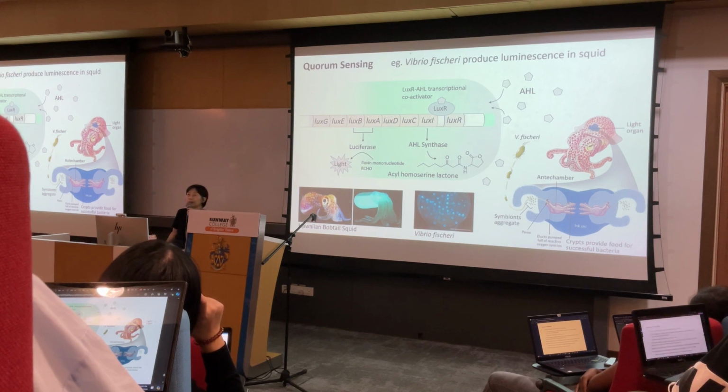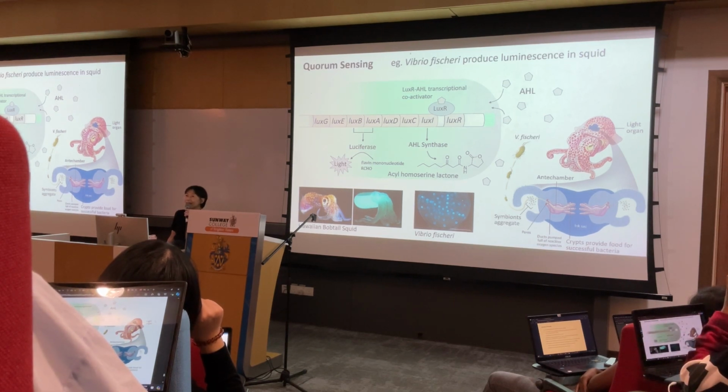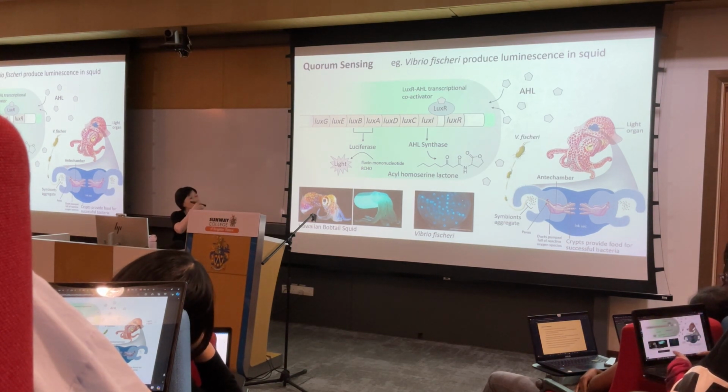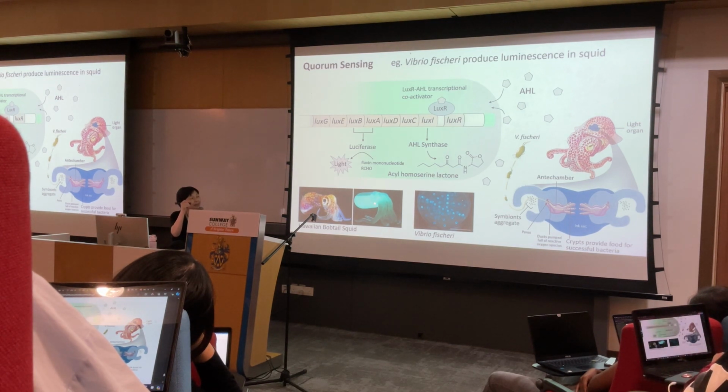Why does the squid need this bioluminescence? It's some kind of camouflage that allows them to escape from predators. They normally have a shadow, right? The shadow can be recognized by a predator, and therefore they can be captured. If they emit light by themselves, they don't cast the shadow and will not be detected by the predator.